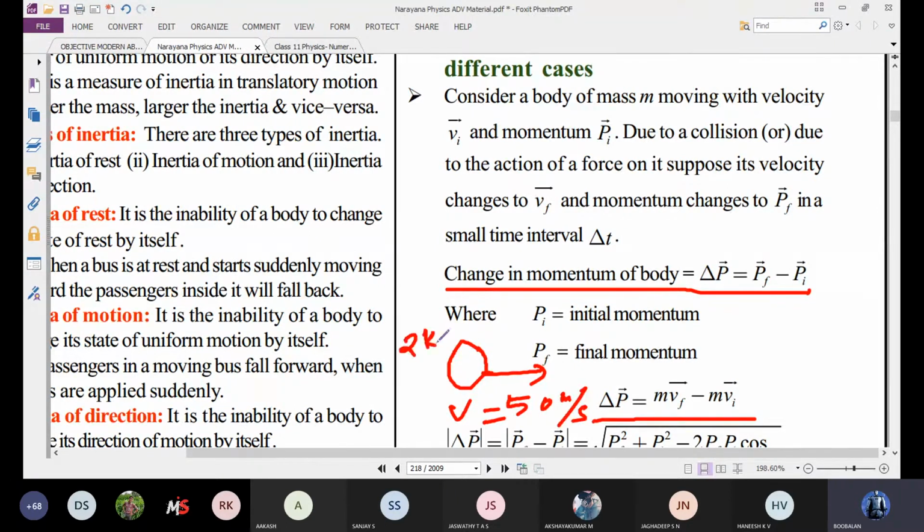Okay, it is hitting the wall and returning back in the opposite direction. Now the mass of the ball is the same, there is no change. It is also 2 kg, but initial velocity 50. So final velocity definitely will decrease. It will come to around 30, approximately I am saying, meter per second. So this is the mass, m value 2 kg.